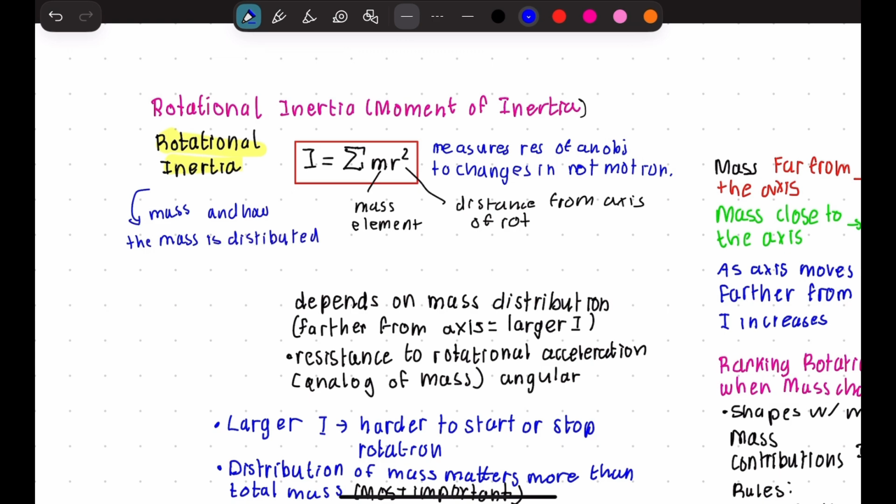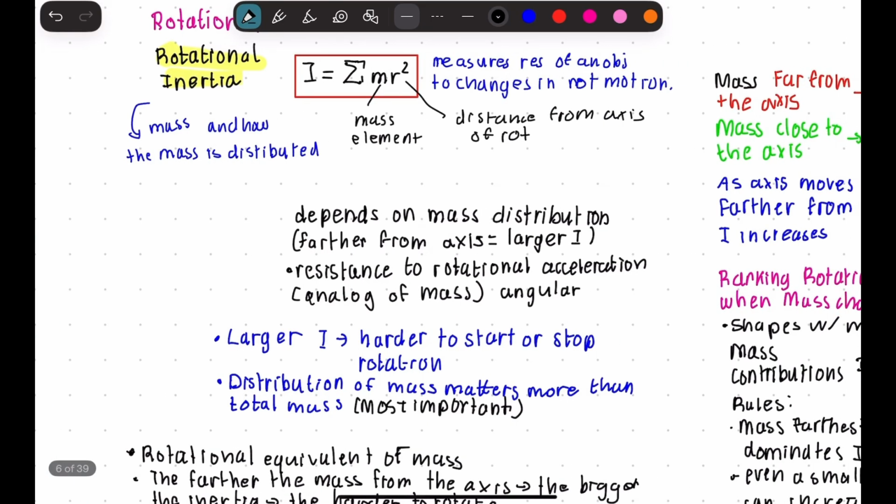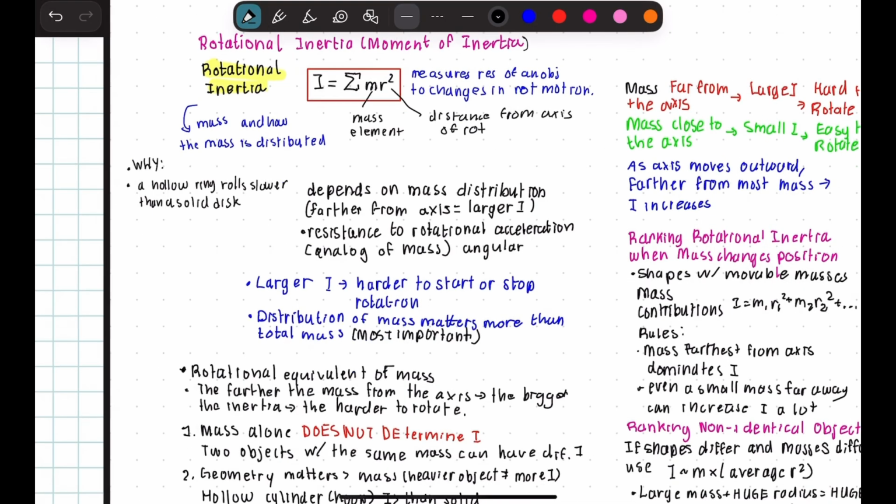So again, this idea explains why a hollow ring rolls slower than a solid disk. Let's write these down. A hollow ring rolls slower than a solid disk. Because again, this relates back to those formulas that we were looking at earlier.